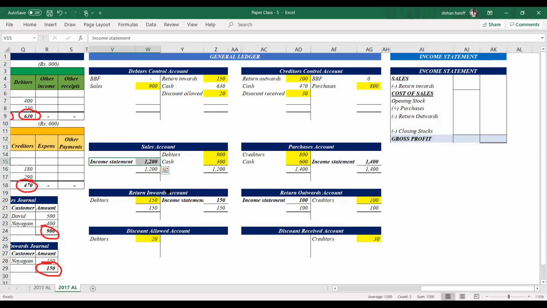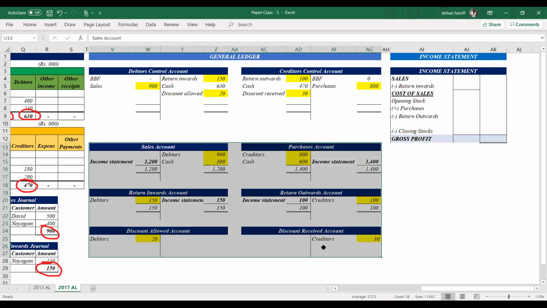All these are income and expense accounts, which go to the income statement. Balance carried down means now income and expenses we can directly transfer to the income statement.